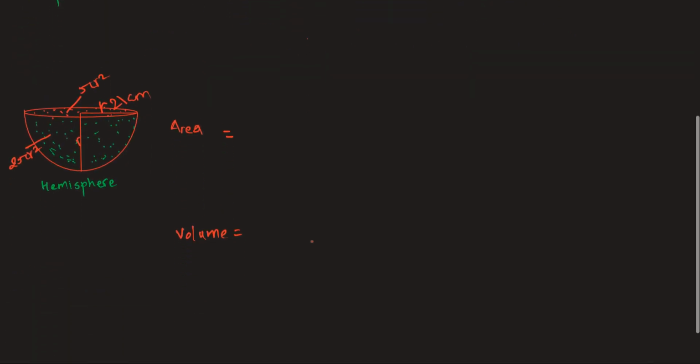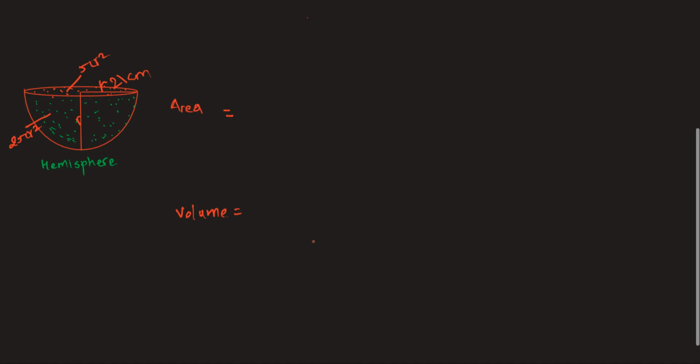Now let us see how to calculate the area and volume of hemisphere. Since hemisphere is made up of circle and the curved surface with 2 pi r square, the total surface area will be pi r square, this area, plus 2 pi r square, this area. So pi r square plus 2 pi r square equals 3 pi r square.